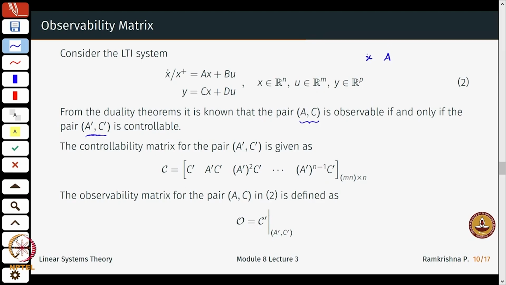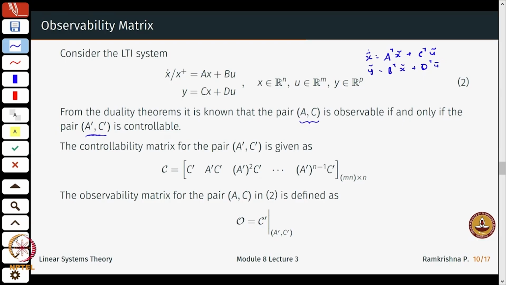So, I have X tilde dot is A transpose X tilde plus C transpose U tilde, Y tilde is B transpose X tilde plus D transpose U tilde.